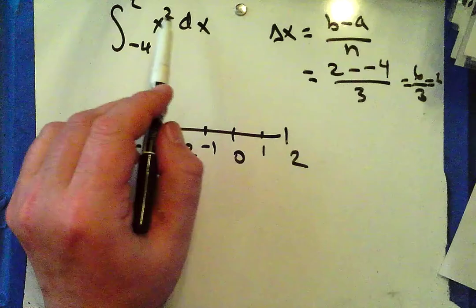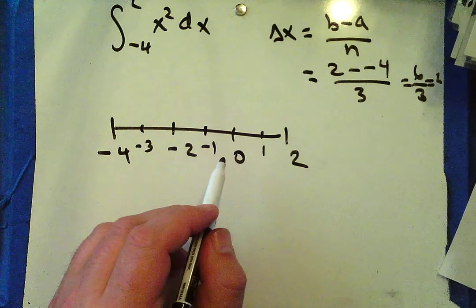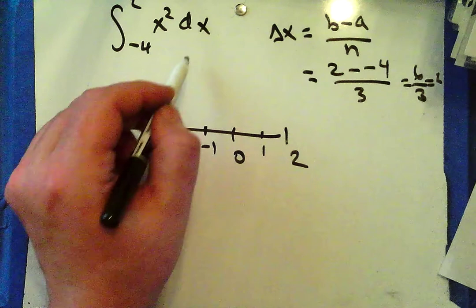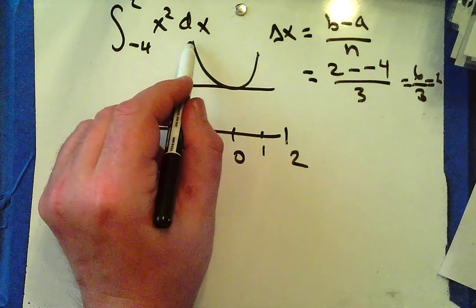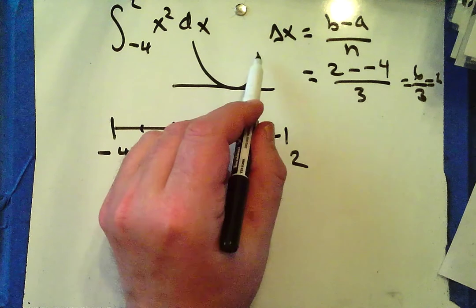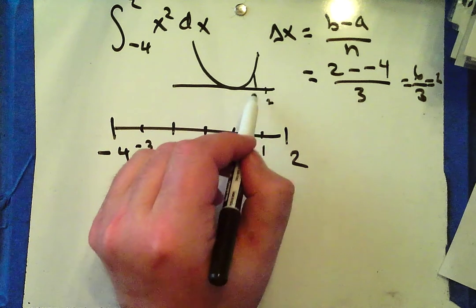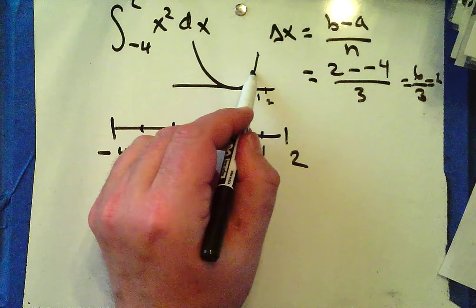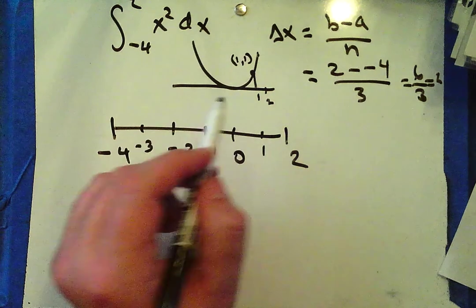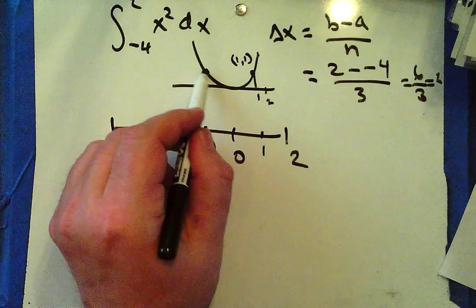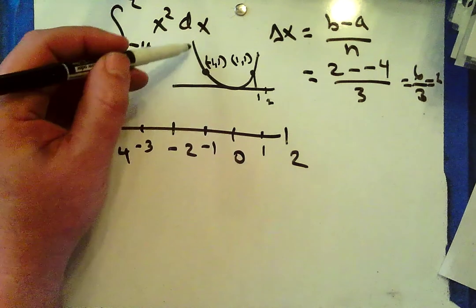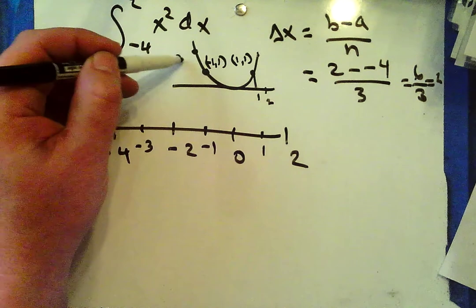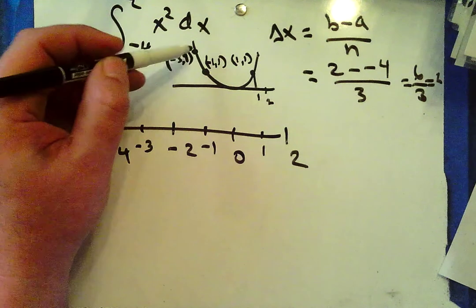So if I plug a 1 in there, I'm going to draw a picture of this. If I plug a 1 in there, that's 1 squared, that's 1. I've got the point 1, 1. If I plug a -1 in there, I also get 1. And if I plug a -3 in there, I get 9.